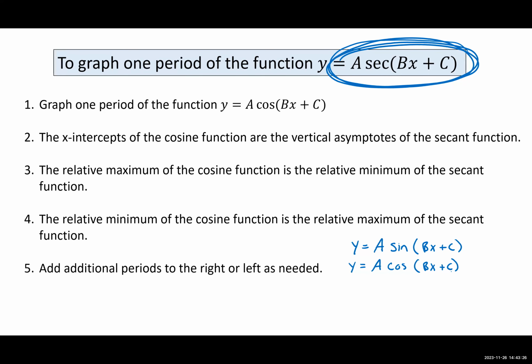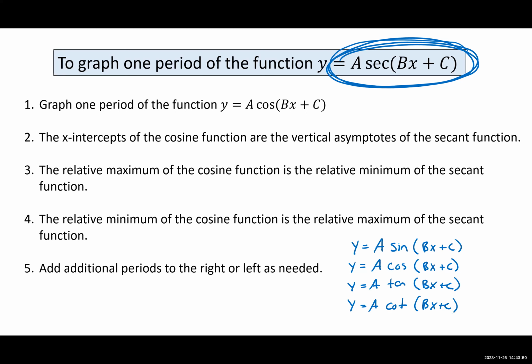Then in the next video, the one right before this one, part 1, we talked about y equals a times the tangent of bx plus c. We talked about y equals a times the cotangent of bx plus c. So we have 4 down, 2 to go.